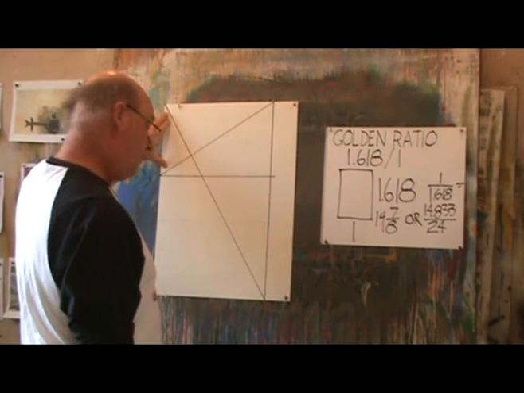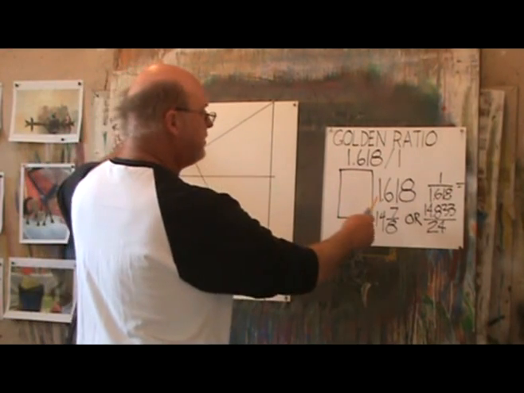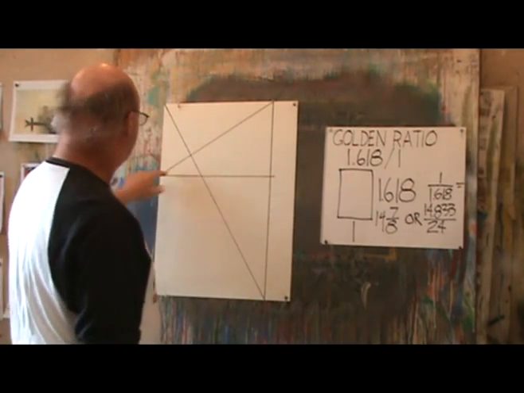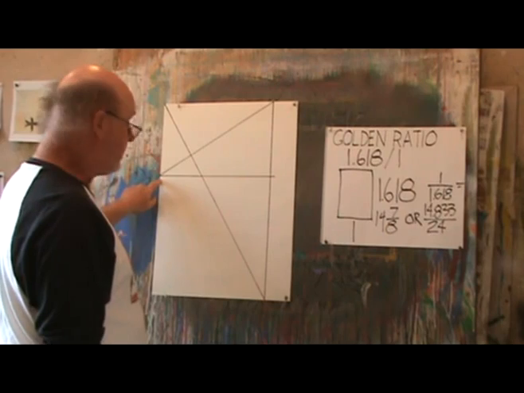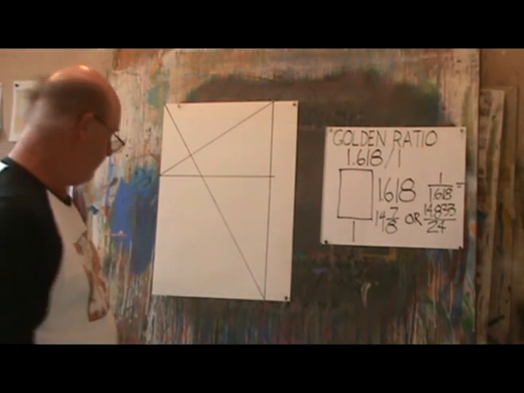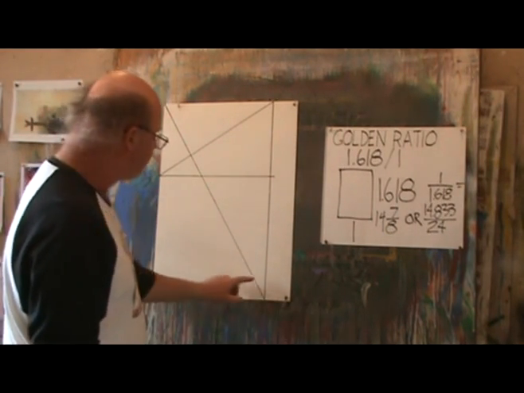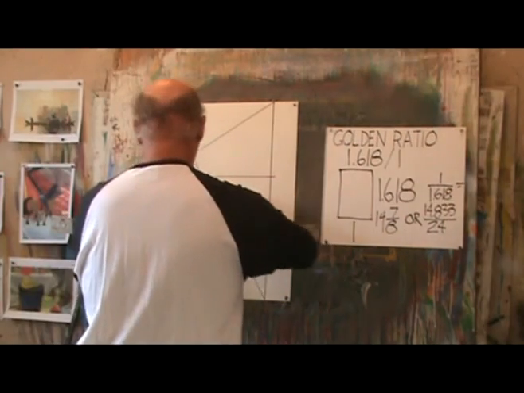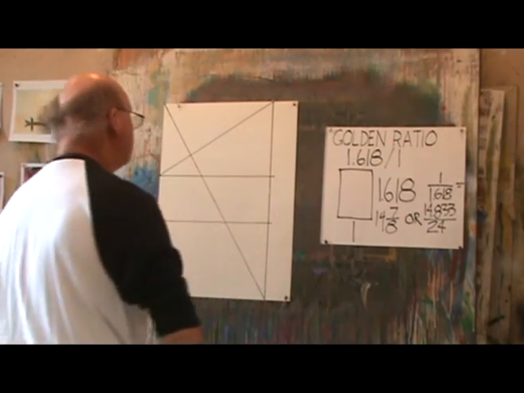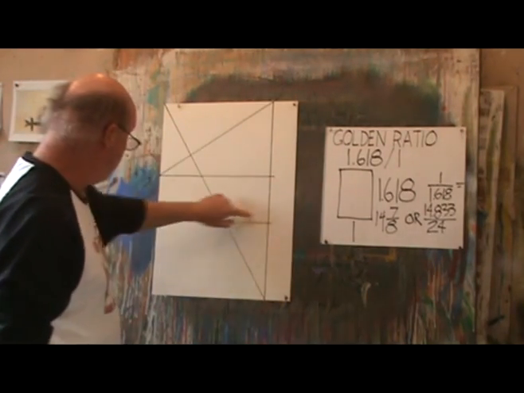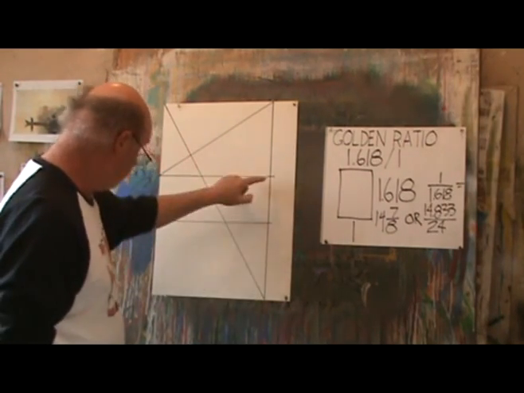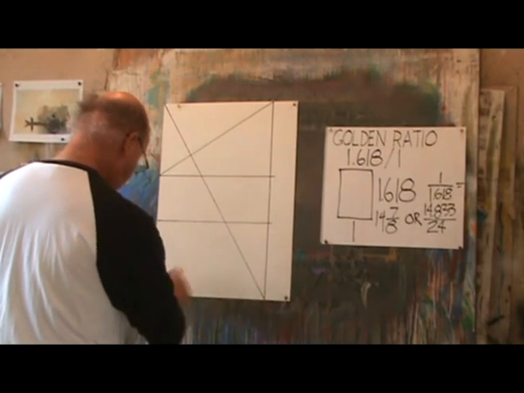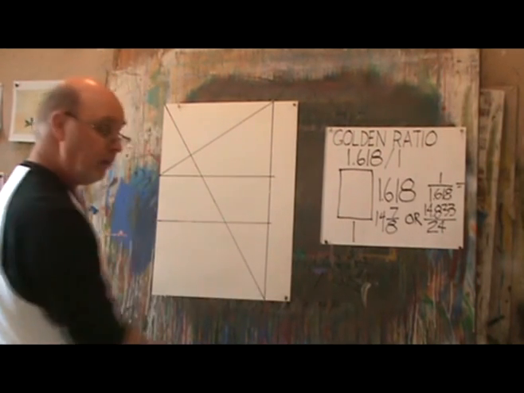That is, this smaller rectangle has this ratio of 1.618. And you have a remaining rectangle, but in this case, this remaining rectangle is a square. That means that it is 14 7/8 in this direction, and it's 14 7/8 in this direction. Now you have your square here, and you have another square here. And if you draw a line from here to here, this intersection will be 90 degrees.